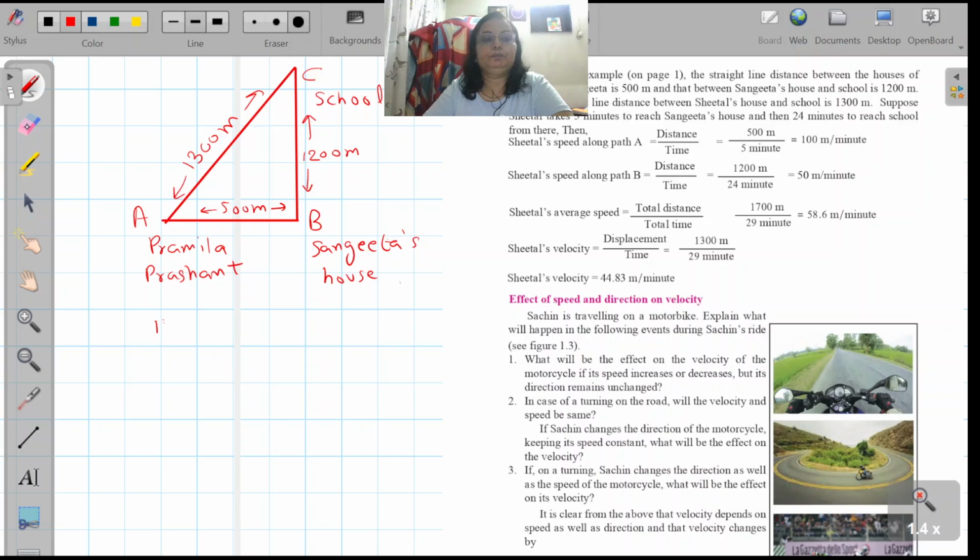Now for example, let's say Pramila moved to Sangeeta's house in 5 minutes. And from Sangeeta's house to school, she took 24 minutes. So what is the speed of Pramila from A to B?